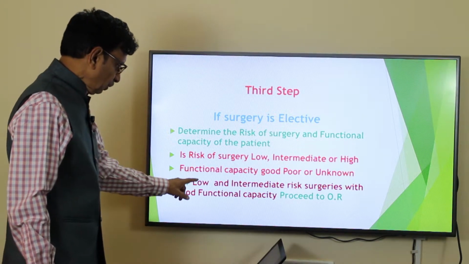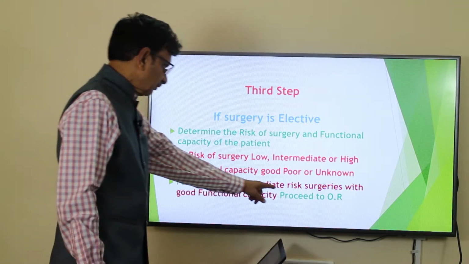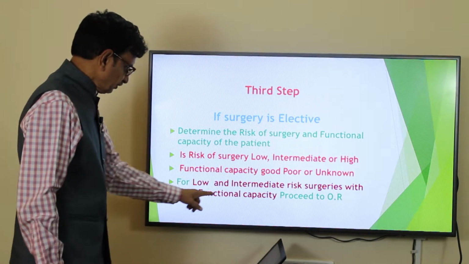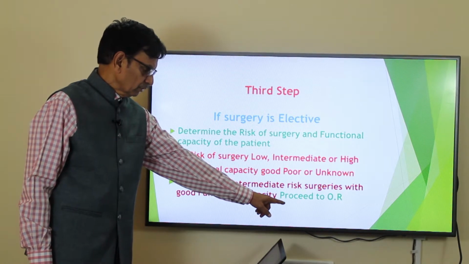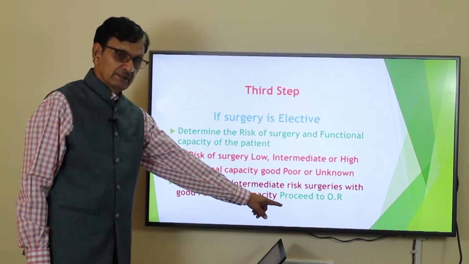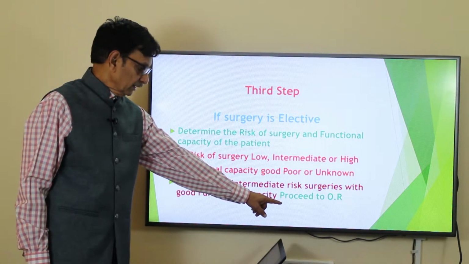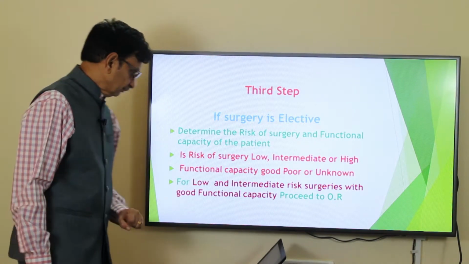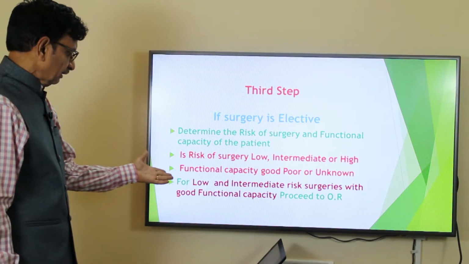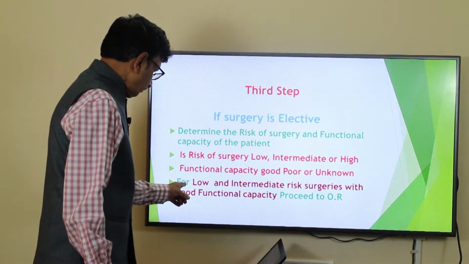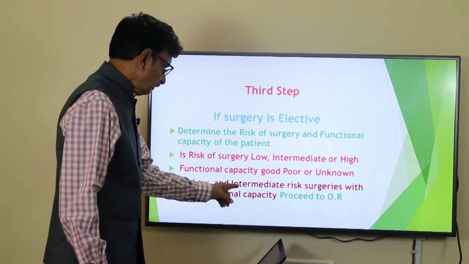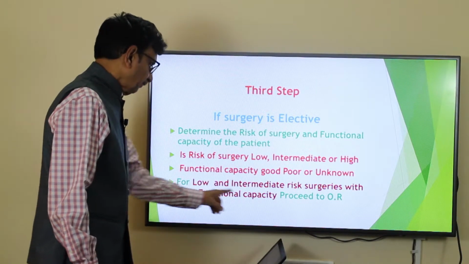Because for low risk and intermediate risk surgeries with good functional capacity, you can proceed to surgery or to the operating room without a cardiologist's opinion. A prior cardiology consult is not required for low risk and intermediate risk surgeries with good functional capacity.